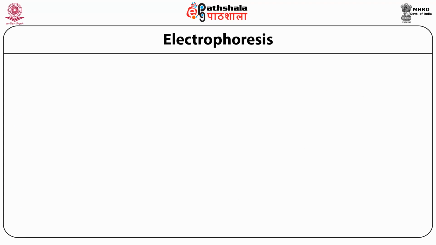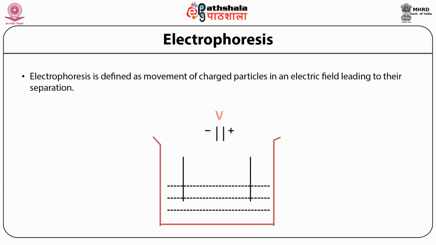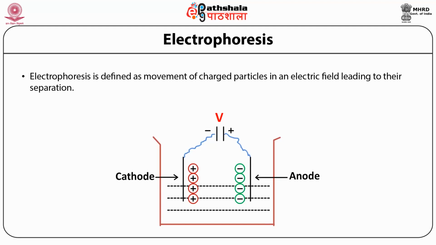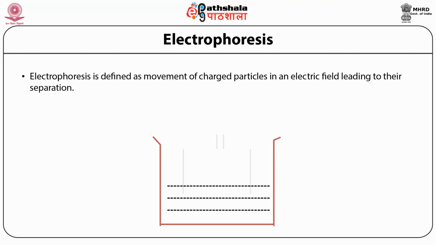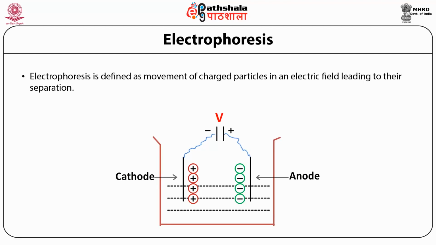Let me first define electrophoresis as movement of charged particles in an electric field. There are two essential components in it. First, the particle must be charged and electric field is required for their movement.